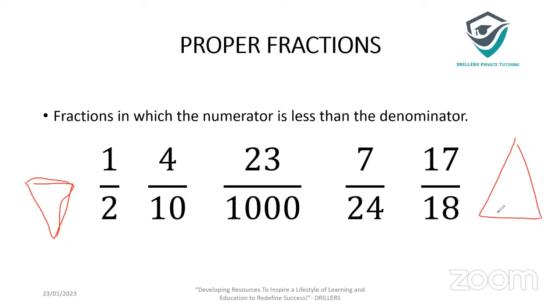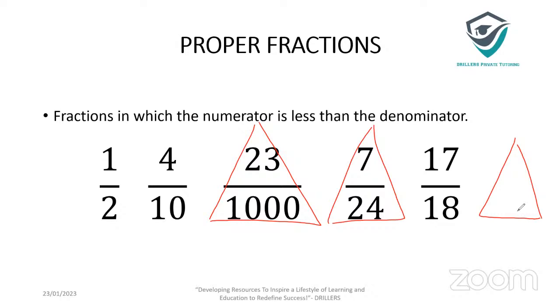If we want it to balance, we put the larger portion at the bottom. So the numerator is less than the denominator, or the denominator is larger than the numerator.